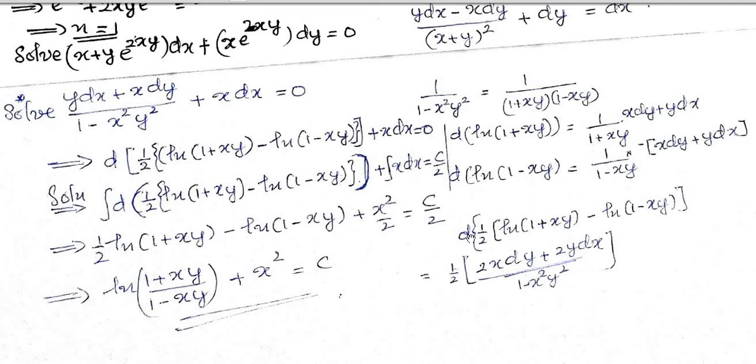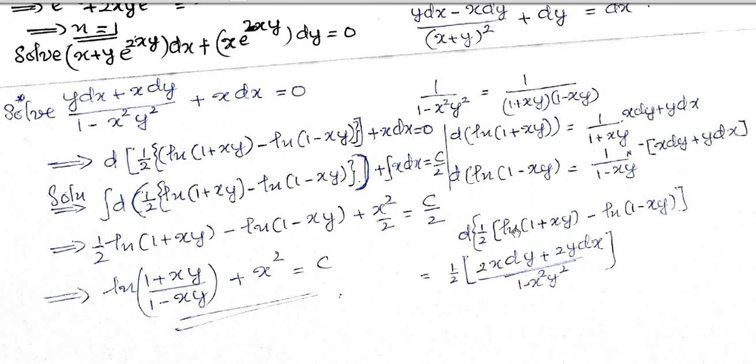Now consider the total derivative of half of [ln of (1 plus xy) minus ln of (1 minus xy)]. Here is a curly bracket. See, d is an operator.